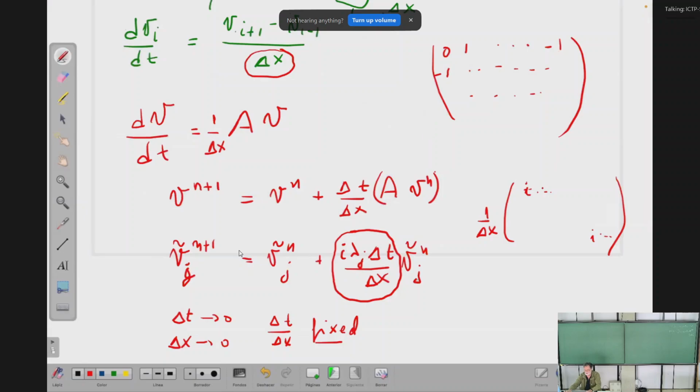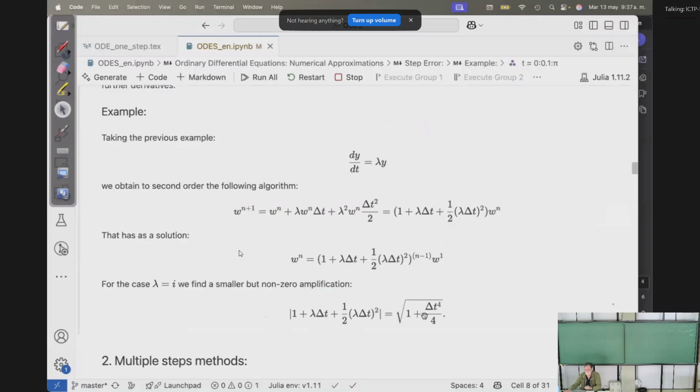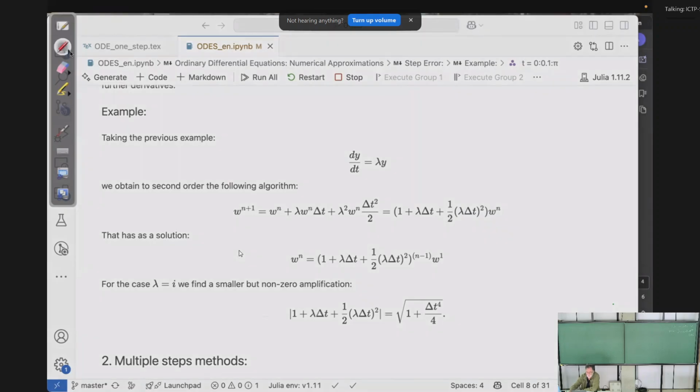So let me see if I can return to this. This is the amplification factor. Imagine solving a wave equation: here, lambda will not be i, but some finite number, some c, divided by delta x.